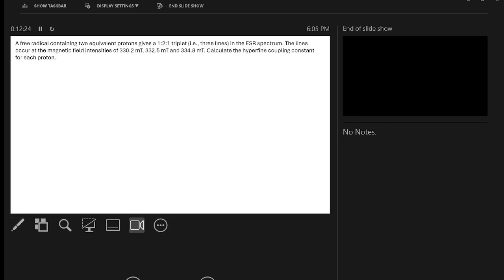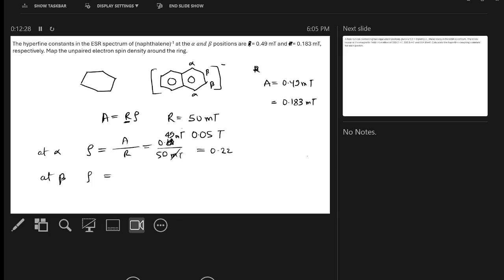Similarly, A by R for beta, you will get something like 0.08. So here 0.22, and this one is 0.08. What we can say is that the electron density at the alpha position is higher than at the beta position.